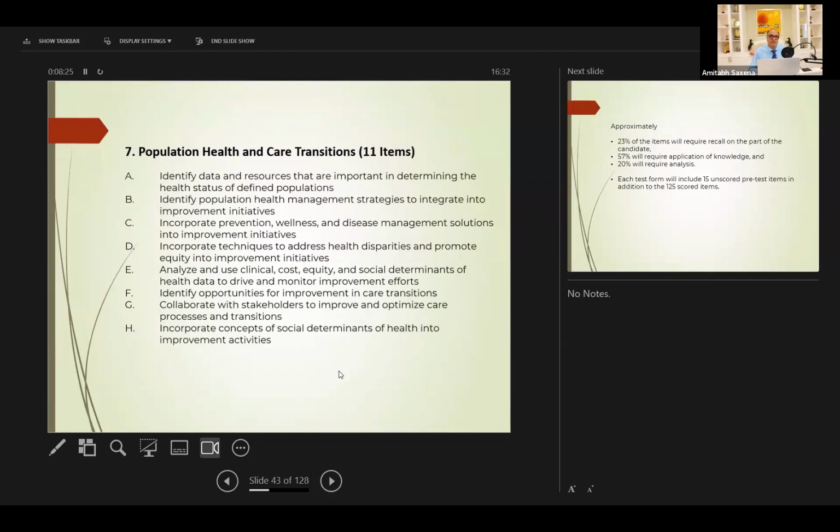So how you can do that? And this module is all about that. So here you identify the population health management strategies to integrate into the improvement initiatives, and in a way you will help the government to reduce the healthcare costs incurred by the government. That also is introduced as a new module, and you have got 11 questions being asked from that.